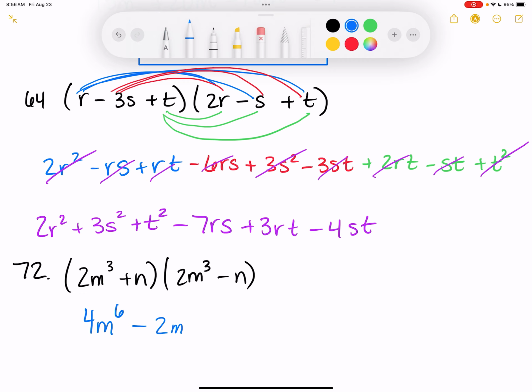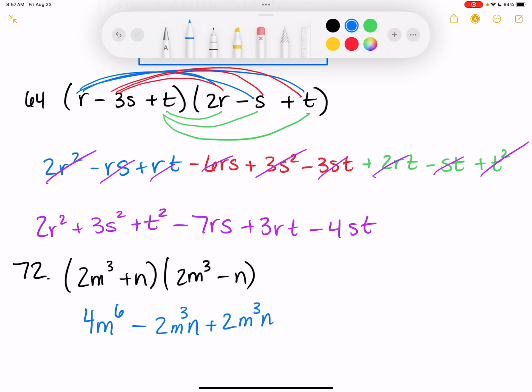Yeah, you're right. Plus 2n to the third n. And that's it. You're missing one term. We should have 4. 1, 2, 3. The L of FOIL you're missing.